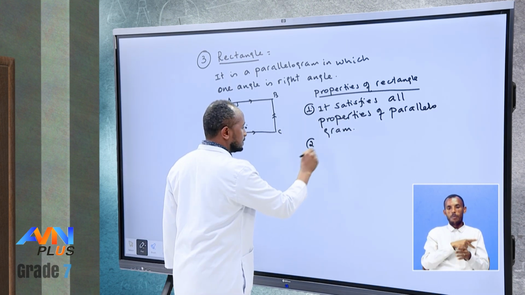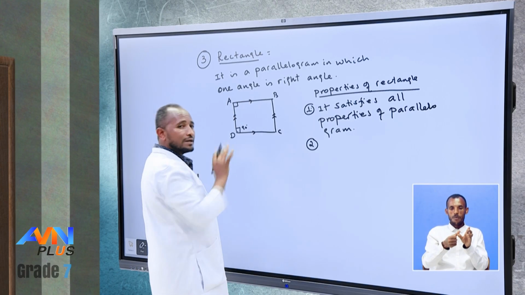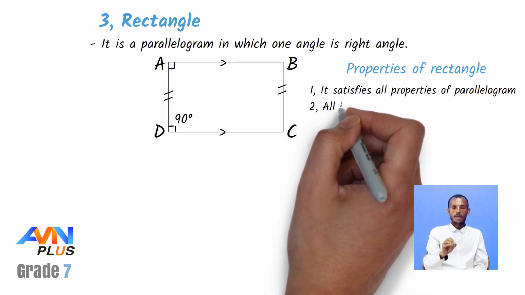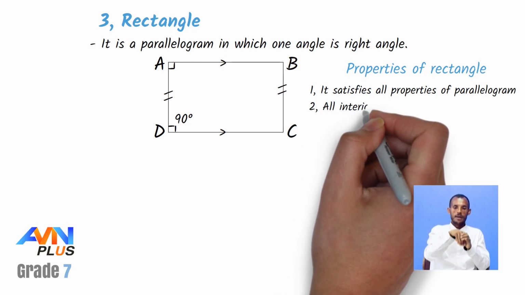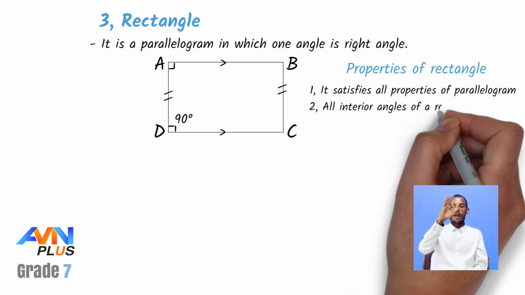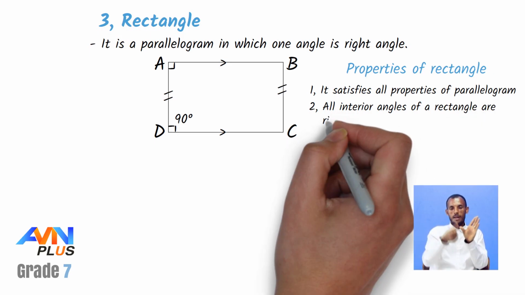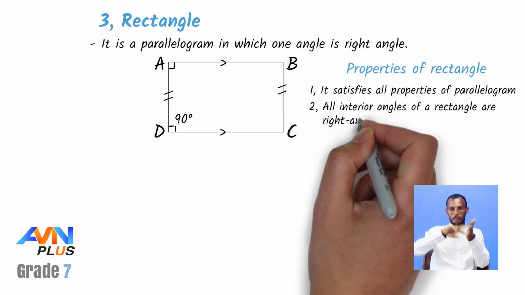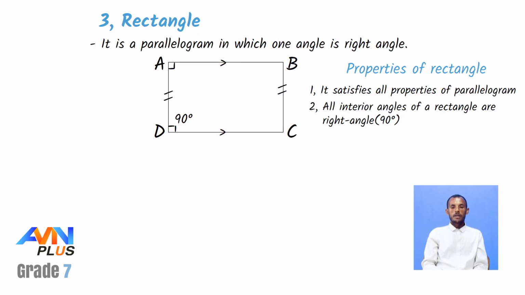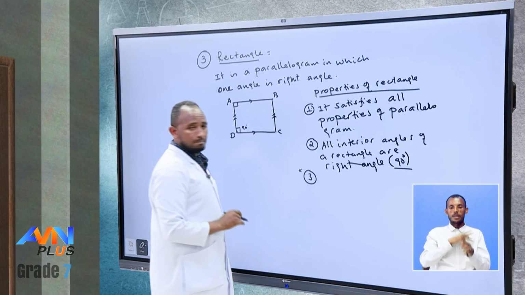Second, all angles of a rectangle are right angles, or 90 degrees. All interior angles of a rectangle are right angles. Right angle means its measure is 90 degrees. All interior angles are 90 degrees. The third property is a special property different from a parallelogram.